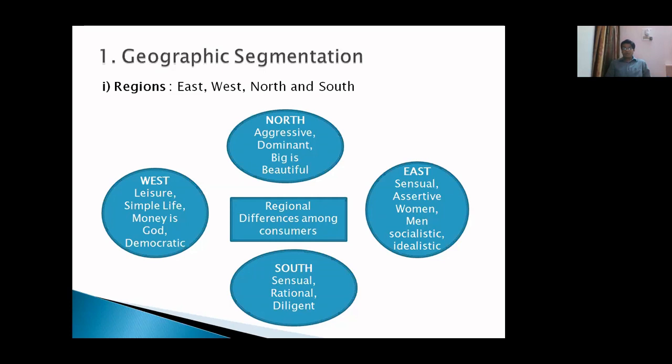For them, big is beautiful. So the product which is having a bigger size is preferred more in North India.